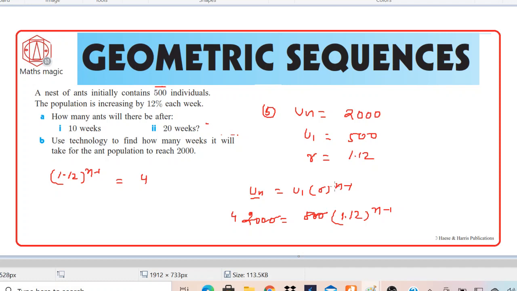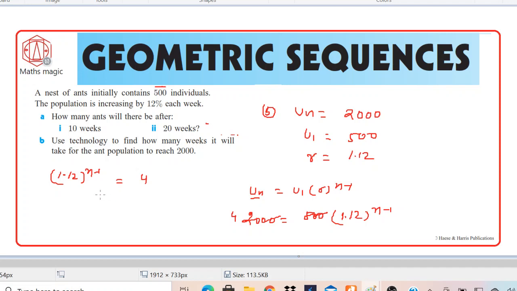So whatever n you get, you have to reduce 1 to get the exact week, because I told you in the previous question that when it was 10 weeks the number of terms was 11. So when you get some value of n, that value of n will give you the number of terms, not the weeks. So you have to reduce 1 to get the number of weeks.